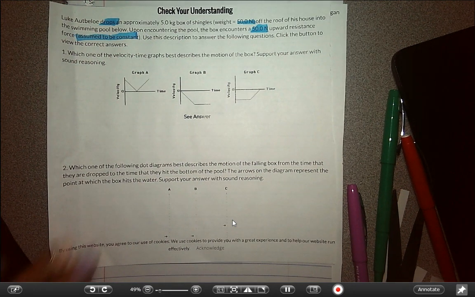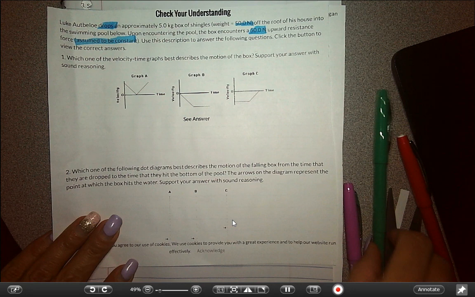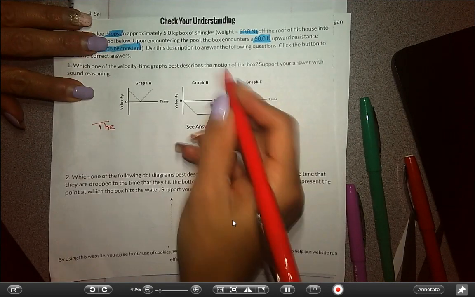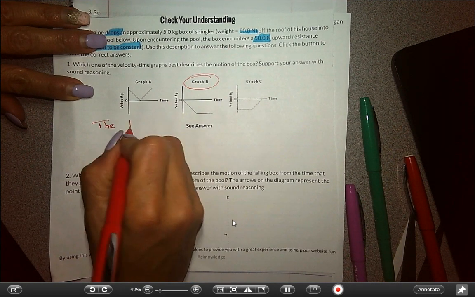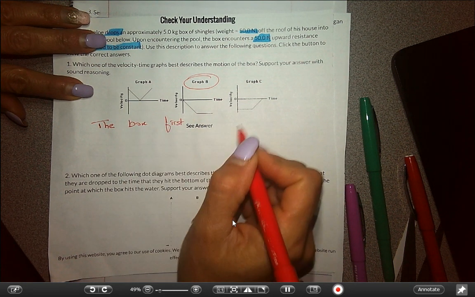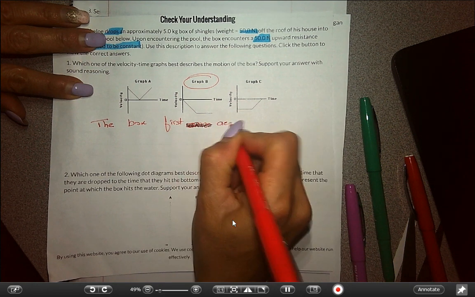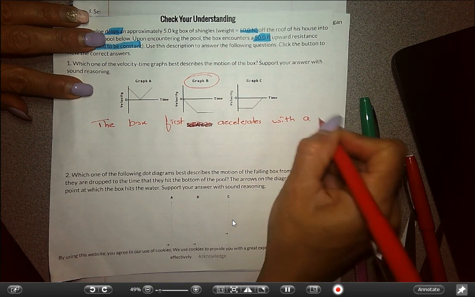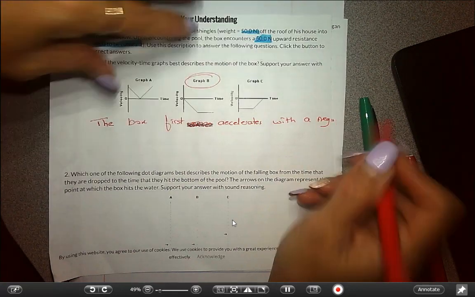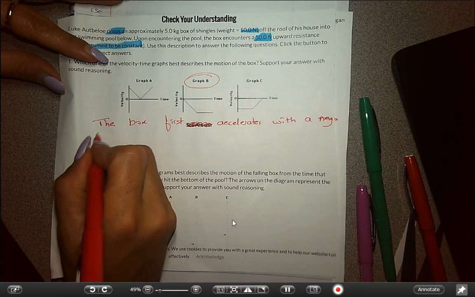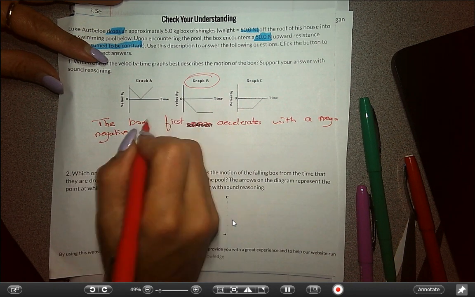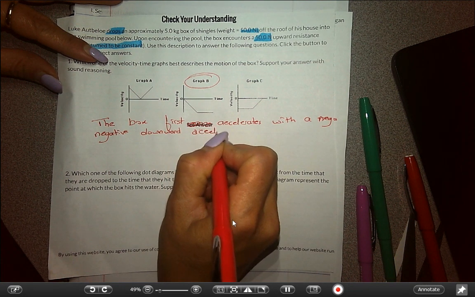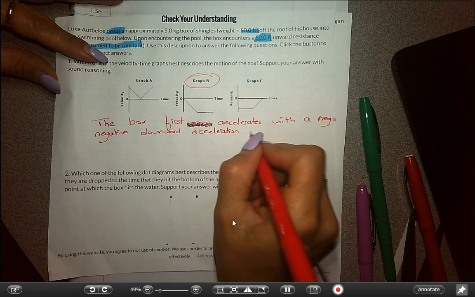Okay, so let's write it, and we're going to write the reasons why. So it's B. The box first accelerates with a negative downward acceleration until it hits the water.